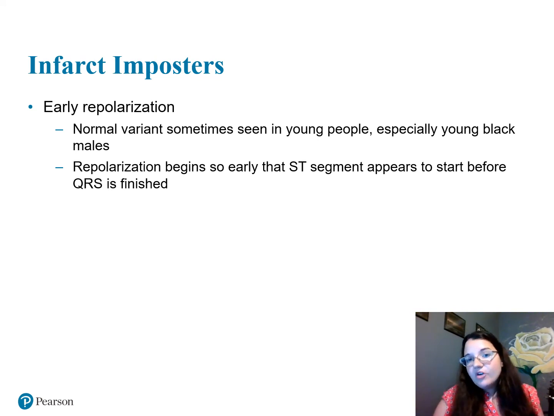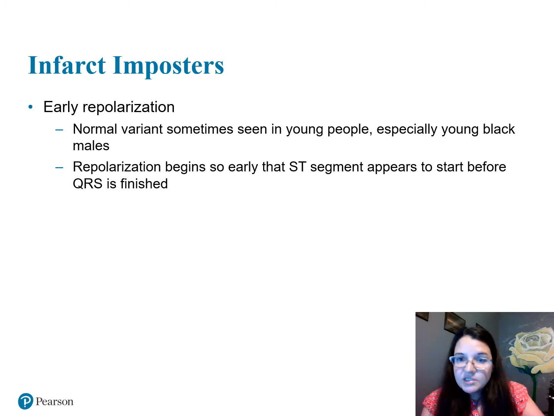We can also have early repolarization. This is another imposter that can make us believe that we might be having a heart attack. Early repolarization is a normal variant, and it's sometimes seen in young people, especially young Black males. This question is usually on the national certification, and it will give you a statement about early repolarization. Your patient is this, and this, and then it's going to give you options, and your answer would be young Black males, right?